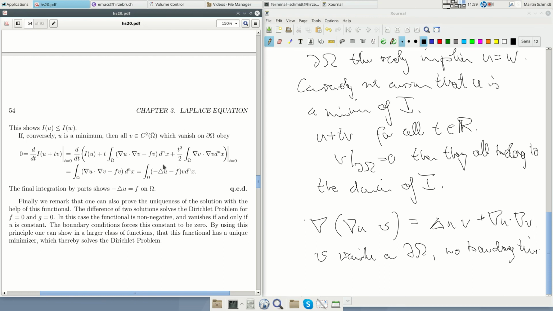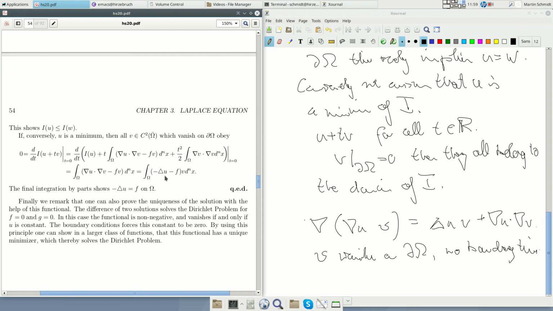We can choose this ball so small that the expression is either only positive or only negative on it, by continuity. Then this integral cannot vanish for all these functions. So we really get that this has to be 0, and this solves the Dirichlet problem.